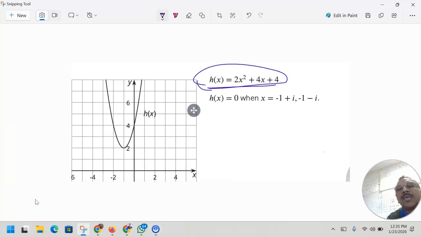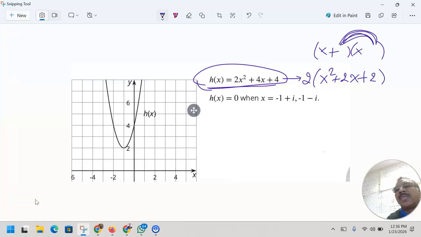Even if I pull out 2 and write it as x squared plus 2x, we cannot factorize this. We don't have two numbers that multiply to 2 and add up to 2.